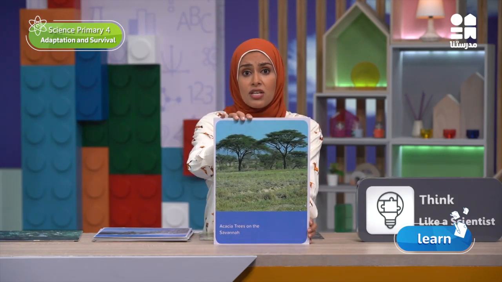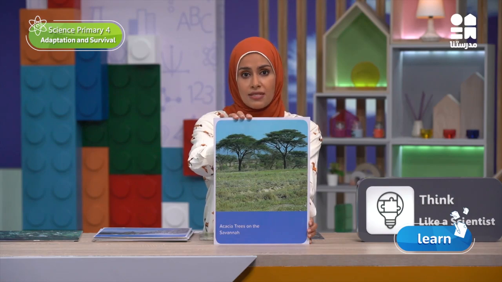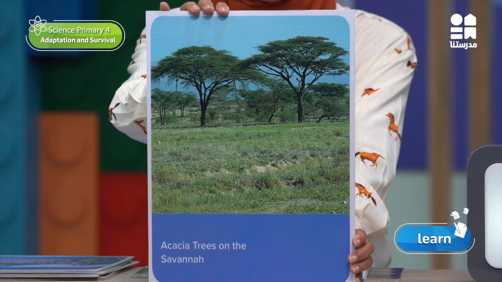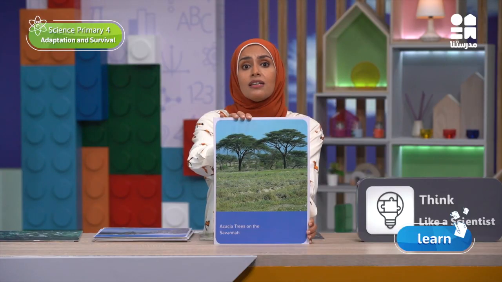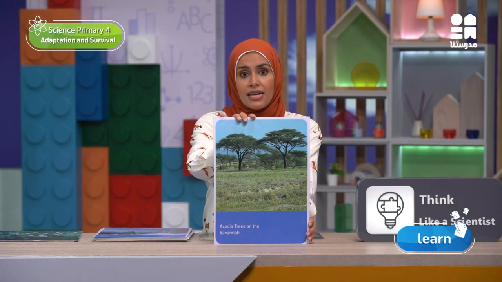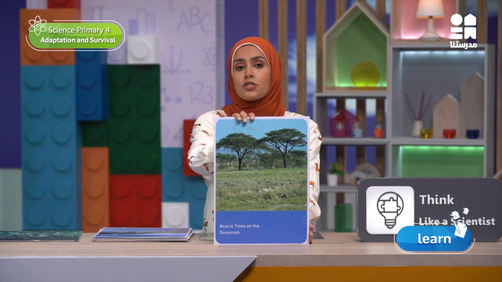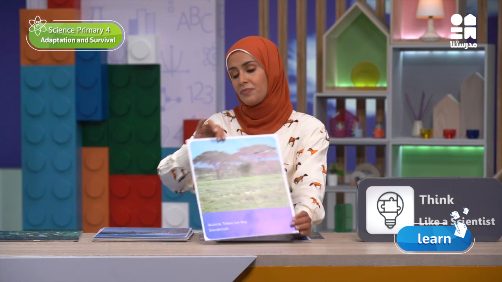The fifth image is of acacia trees in the savanna forests that we talked about in the last activity, and we knew that the environment is dry and the water is low. All that you need to remember is how leaves, roots, and the trunk help it to endure such conditions.